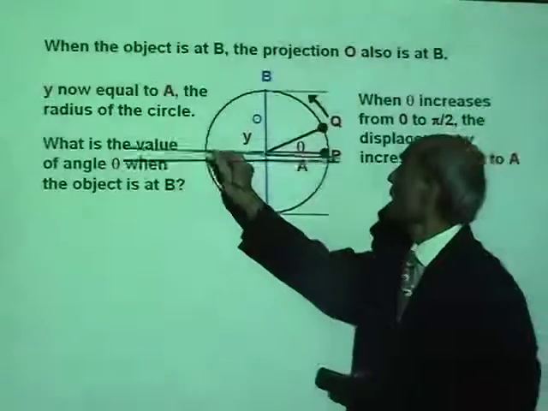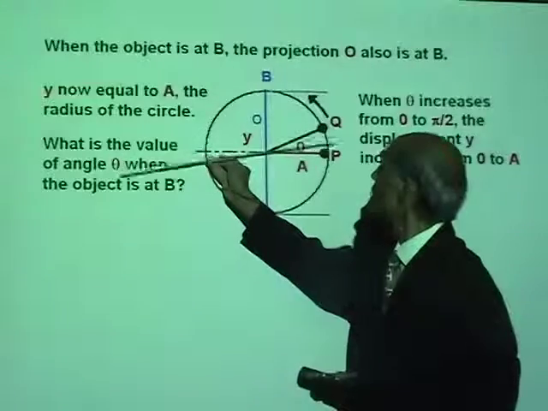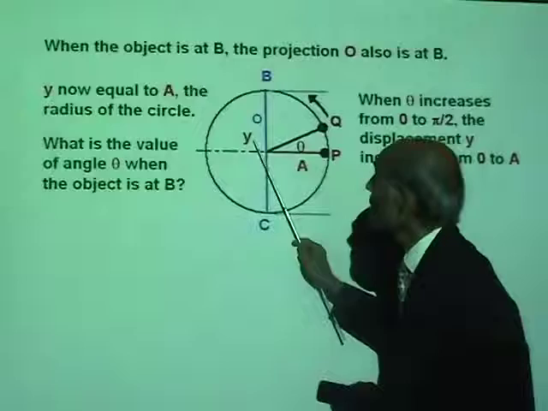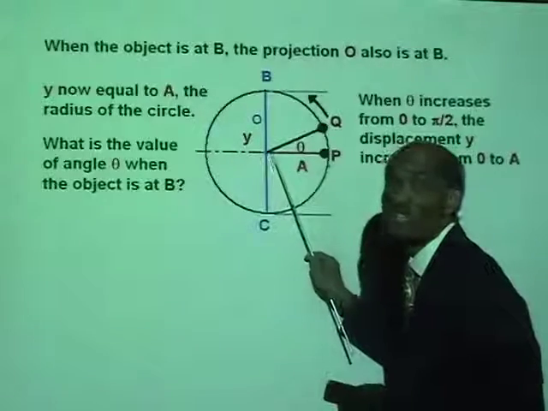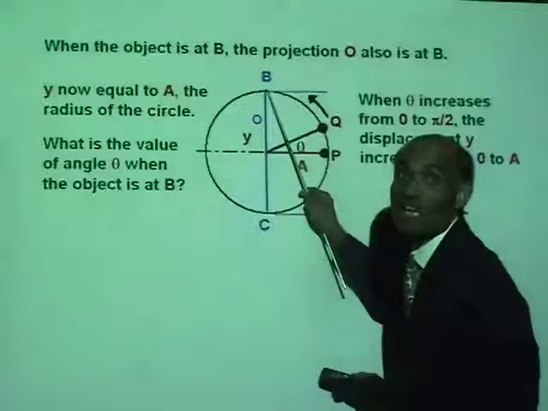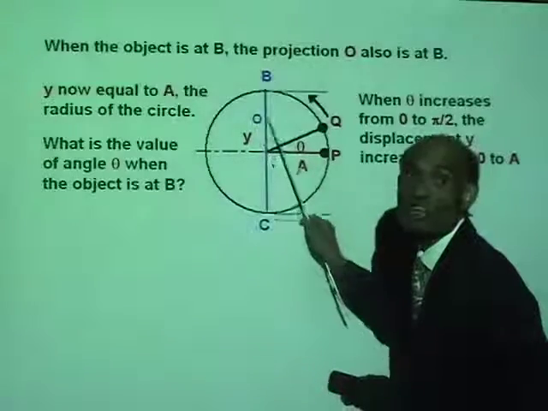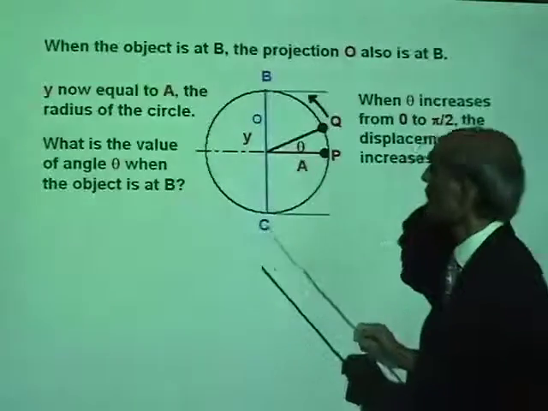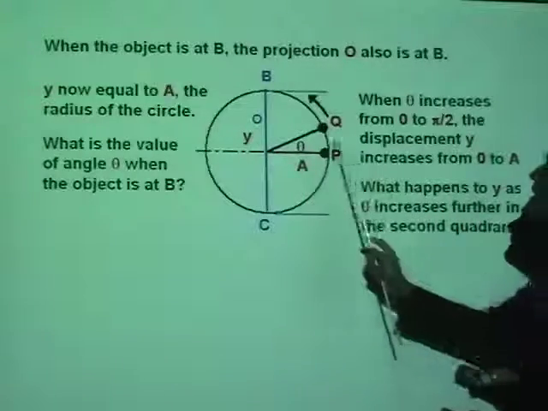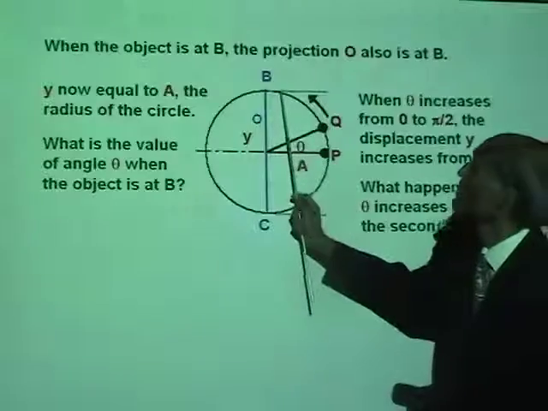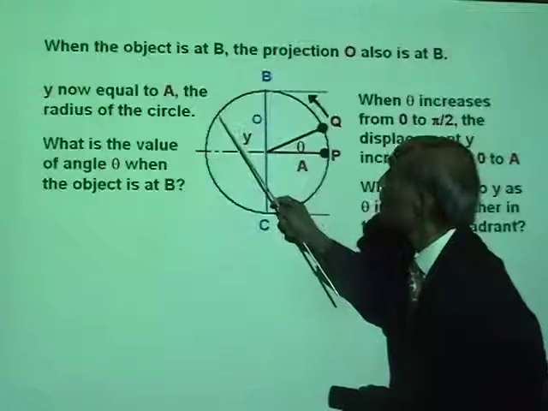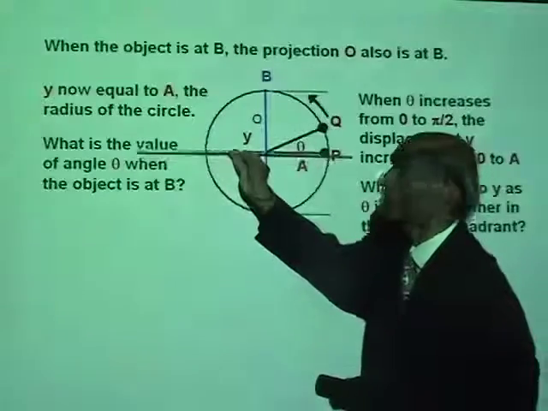As theta increases from 0 to pi by 2, the displacement Y increases from 0 to A. Here its value is A, the radius of the circle. Okay. What happens to Y as theta increases further? You can see as the object moves now down the circle, what happens to the angle theta?